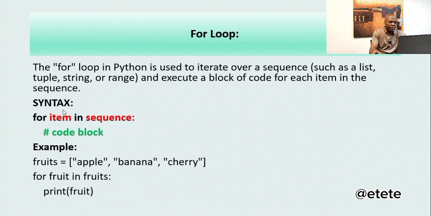Now, this is the syntax for it. For item in sequence. So this sequence, like I said, is the first container that has all the fruit inside. Now, this item is the second container, maybe a temporary container that is going to hold each of the items that you remove from this container.